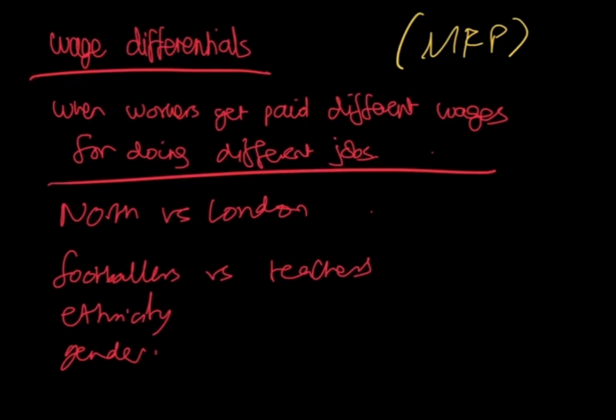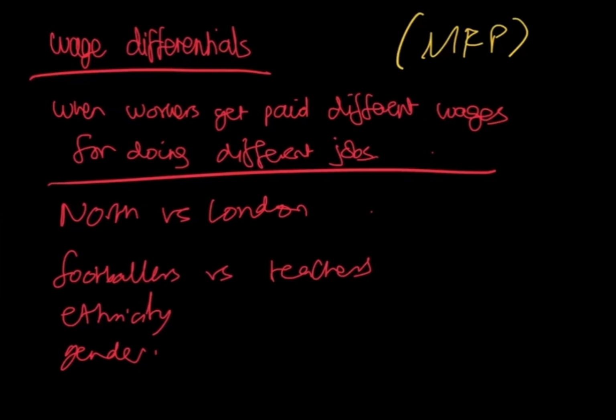Then what about on the demand side in terms of MRP? That's a more complicated and interesting one as well. Would it be that the footballers' MRP is higher then? Yeah, so the issue is with a teacher, it's not even a teacher's MRP, because a teacher is adding so much MRP to the economy as a whole and in the long term, because a teacher is teaching like 30 students at once.